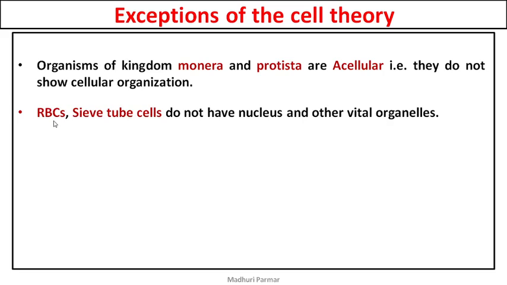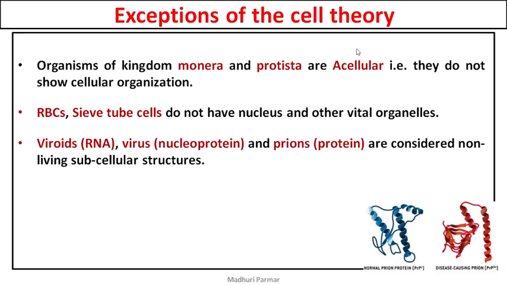Then RBCs, your red blood cells, and sieve tube cells of phloem do not have a nucleus and other vital organelles, but they are still living. So these are also exceptions to the cell theory.